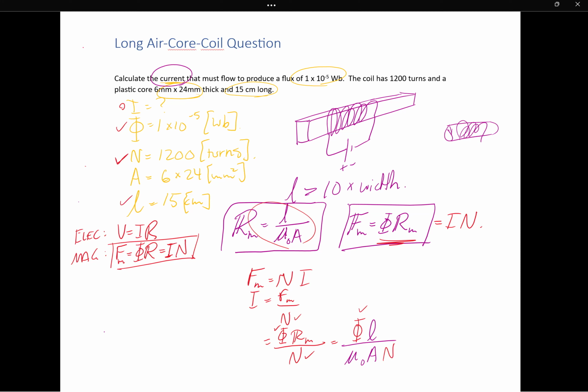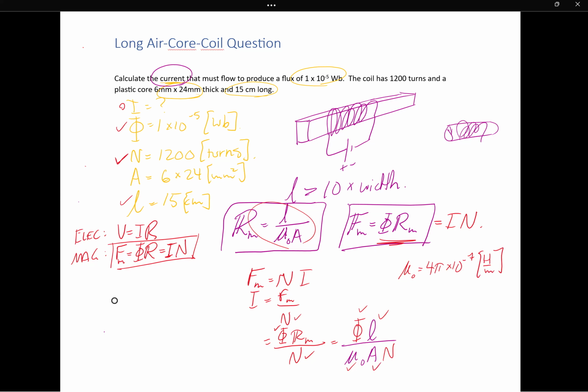Now I do know L. I do know permeability of free space. Permeability of free space is always 4 pi times 10 to the negative 7, so we should definitely always know that. If we don't know that, we are going to have to be studying that. That's Henrys per meter.